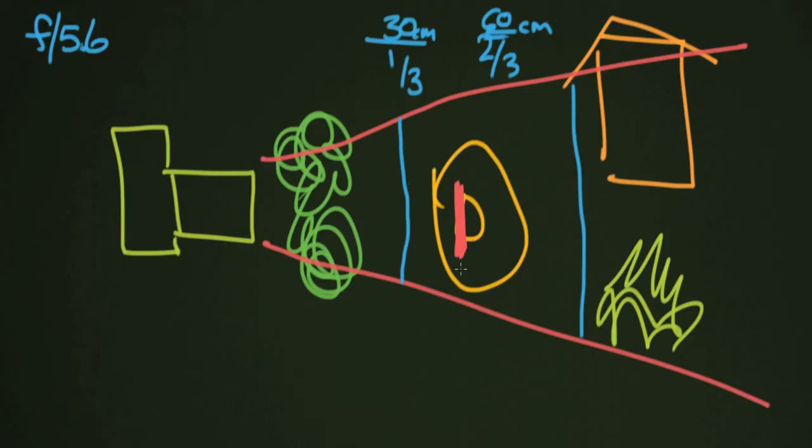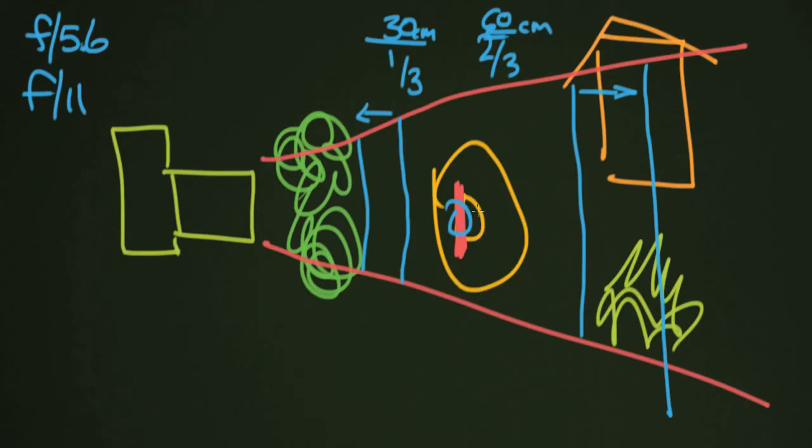And as you increase, so if you were to move up to f11, this 1/3, 2/3 relationship would stay the same, but the lines that would define that would move back and forward. So it would move forward by 1/3 and it would move back by 2/3. And the focus point stays here on the face of your subject as long as they're not moving.